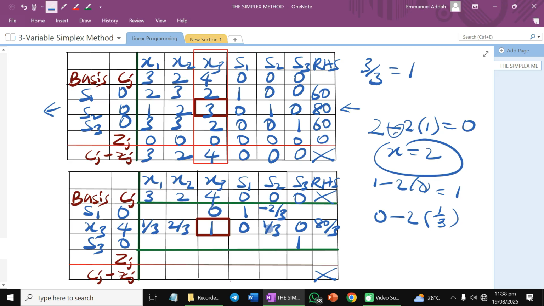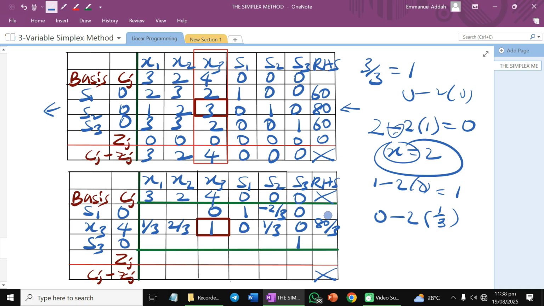Go to the next one, this position, which corresponds with this position. So you have 0 minus 2 times 0. Our factor x is 2. So 0 minus 2 times 0 is 0. So here will be 0. You can see this giving us 1, 0, 0 already.